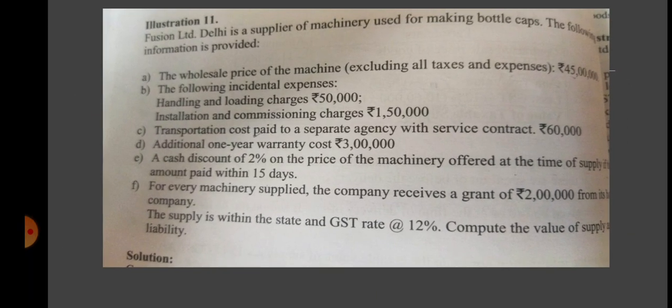Fusion Limited, Delhi, is a supplier of machinery used for making bottle caps. The following information is provided. The wholesale price of the machine, including all taxes and expenses, they have given as 45 lakh.